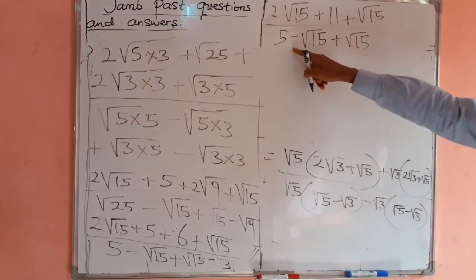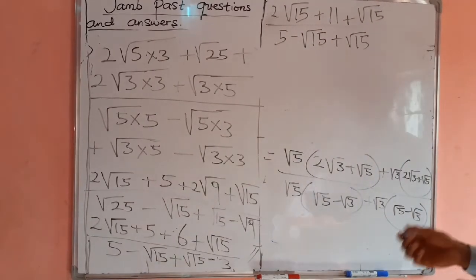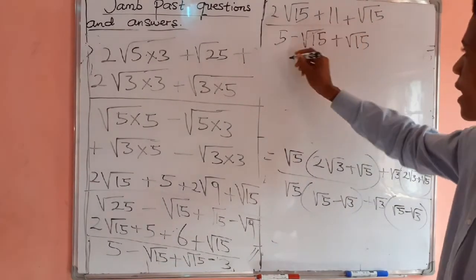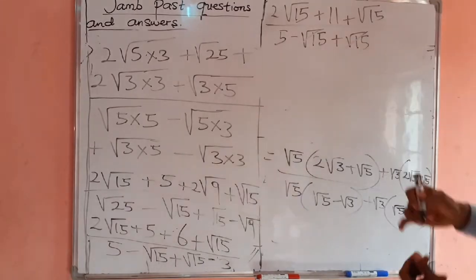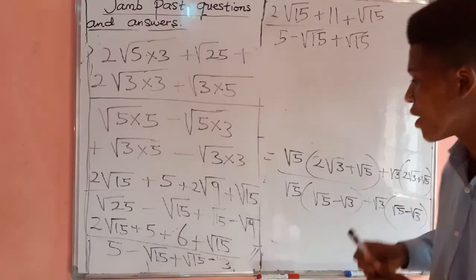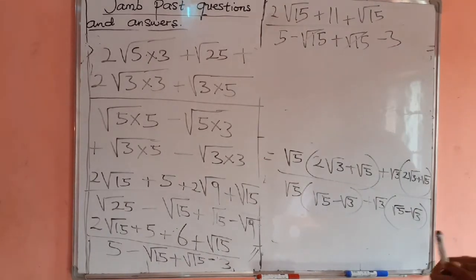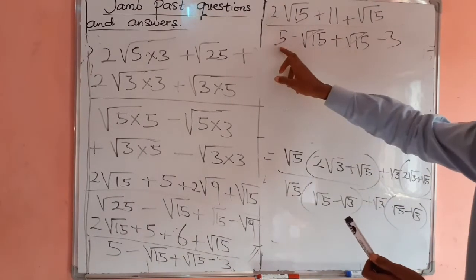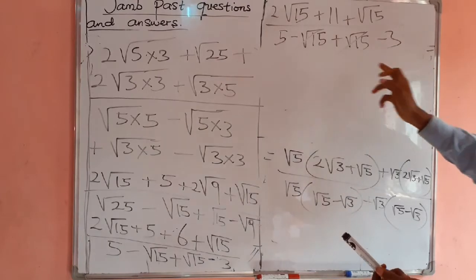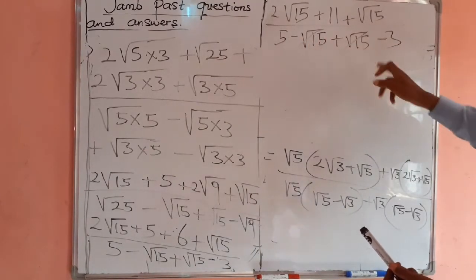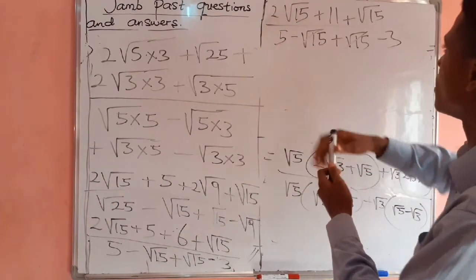Please pay attention to this. Minus root 15 plus root 15, and of course, we know they cancel themselves. So this is out of the equation now. Minus 3. So what we just have is 5 minus 3, because minus root 15 has cancelled plus root 15.